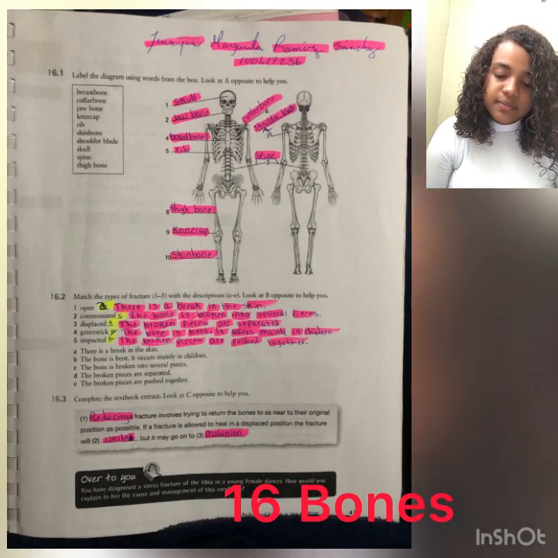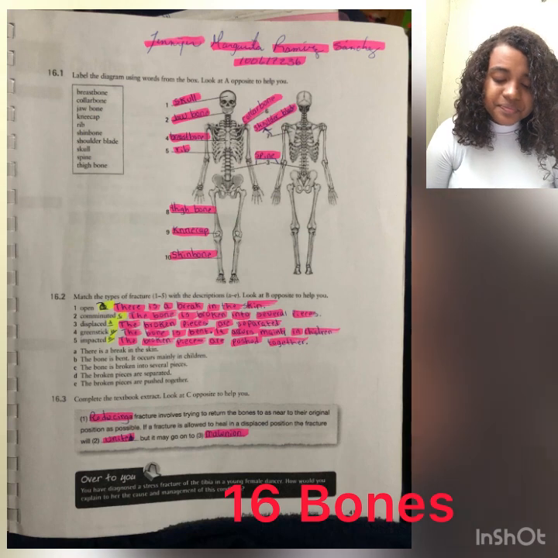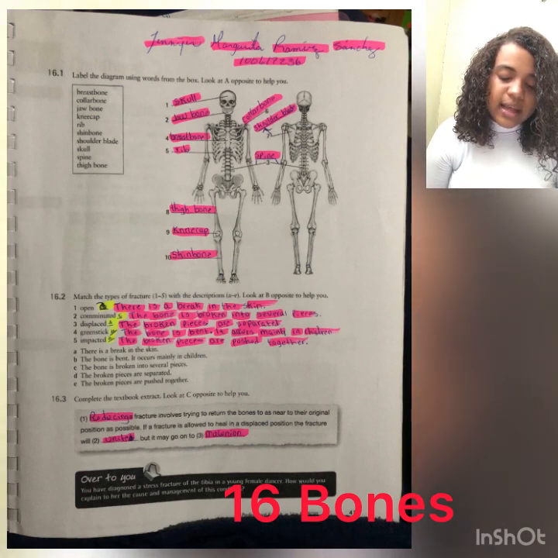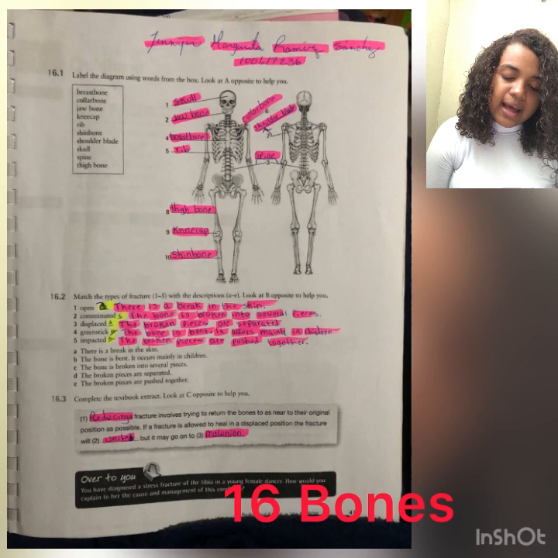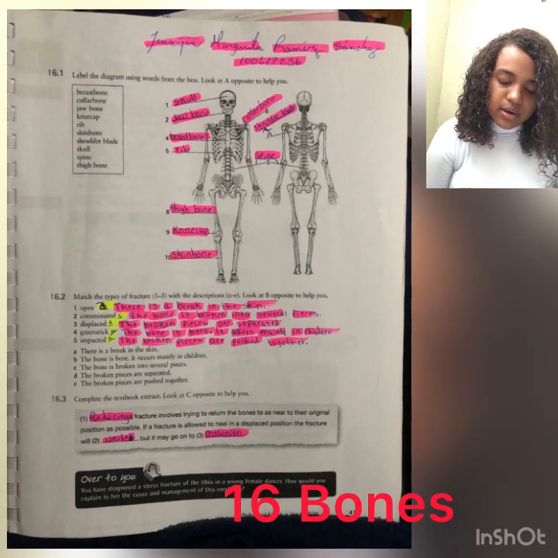Five rib. Six collarbone. Seven shoulder blade. Eight thigh bone. Nine kneecap.